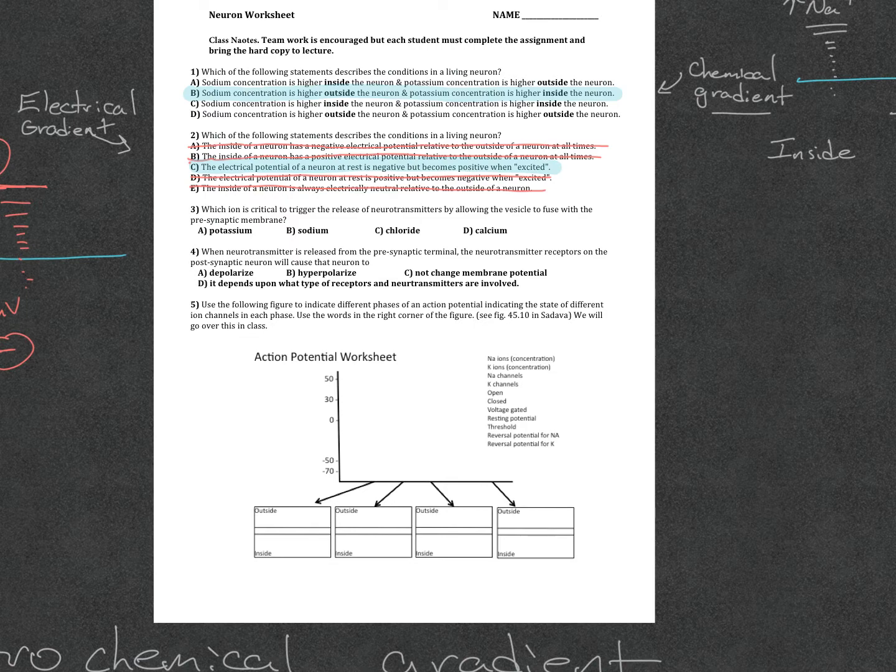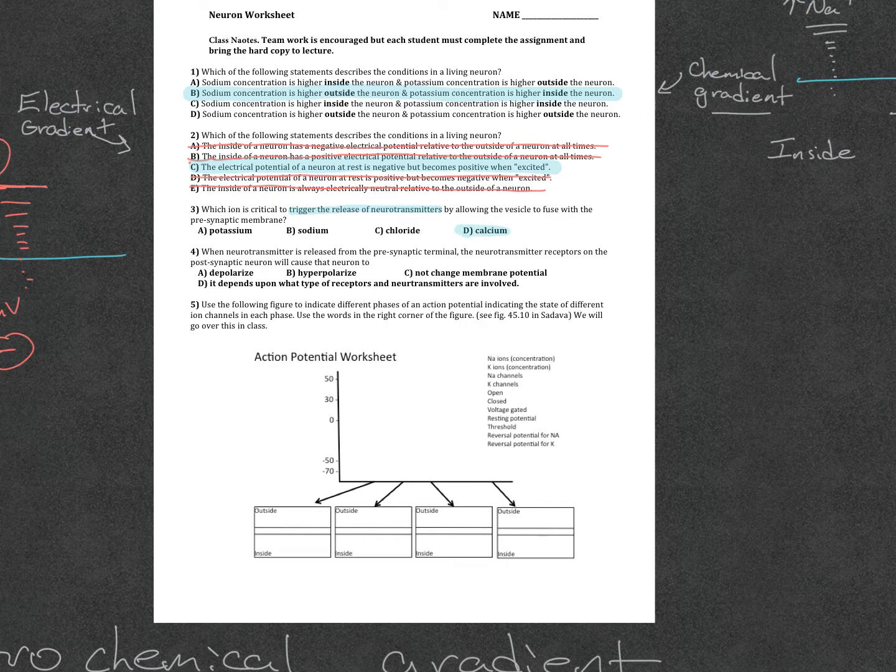Which ion is critical to trigger the release of neurotransmitters? That was a question on your test. I didn't mean to put it on your homework, but I did. Triggering the release of neurotransmitters is calcium. I'm going to go through that in a second.